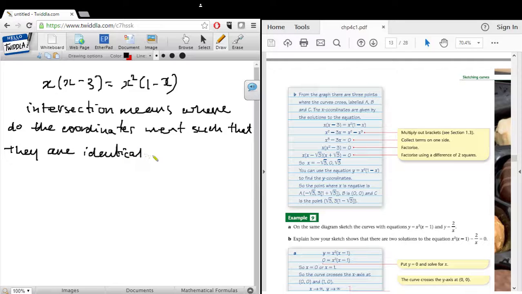One other word to use is equal. And again, this gives us the equality sign.